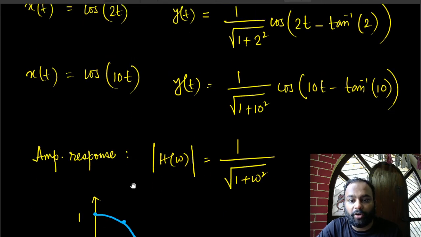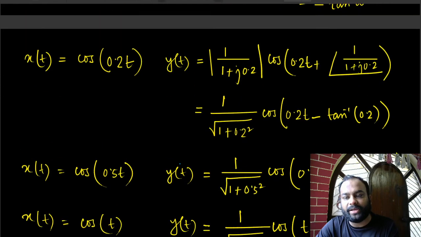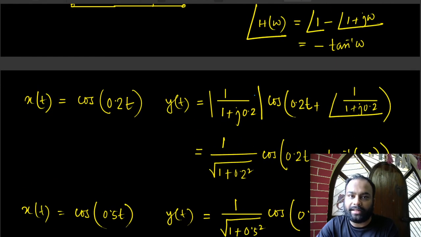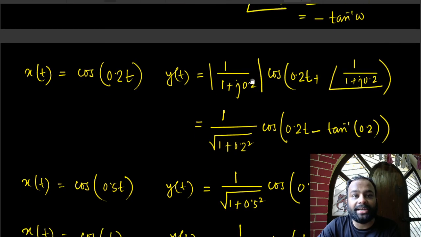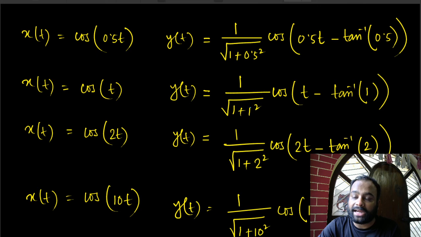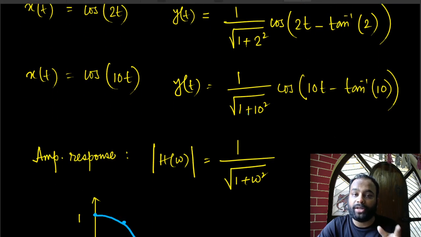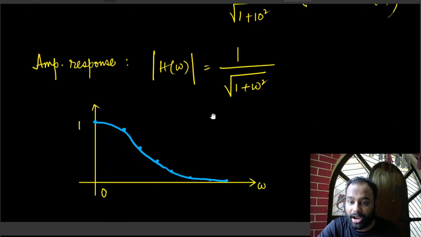So this system lets signals with lower frequencies pass with small attenuation. If the frequency is very small, the reduction in amplitude is also small, but as the frequency increases, the reduction in amplitude increases more and more, right?